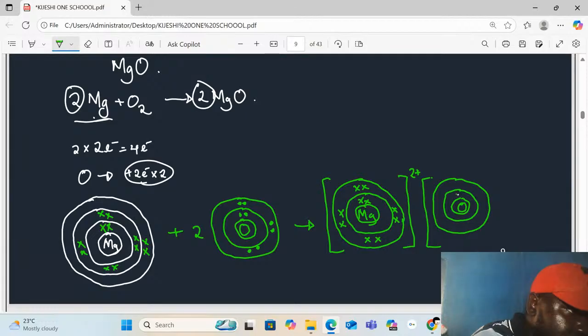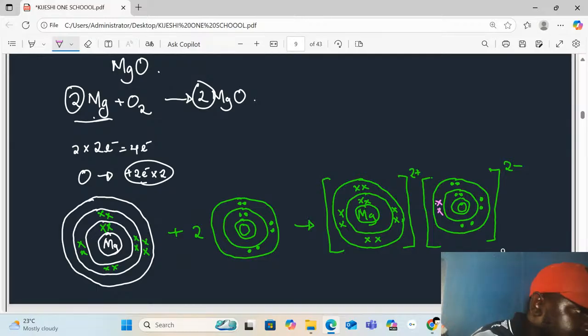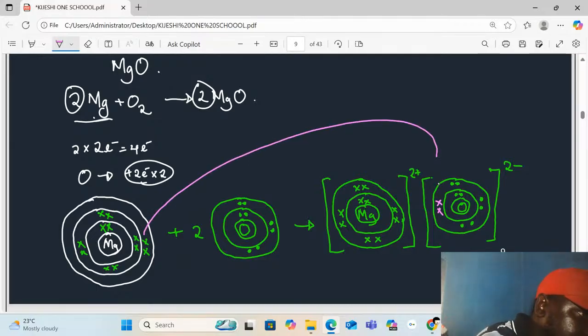So the first one with 2, the second one with 8 because it has received 2. Now let me change the shade. This one will give it 2 negative. Let me change the shade to indicate that we received 2 electrons like this. So these ones, if you have to show, they came there.